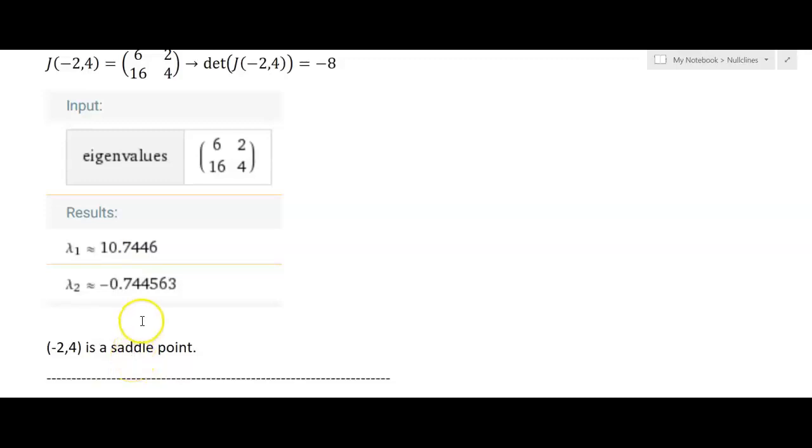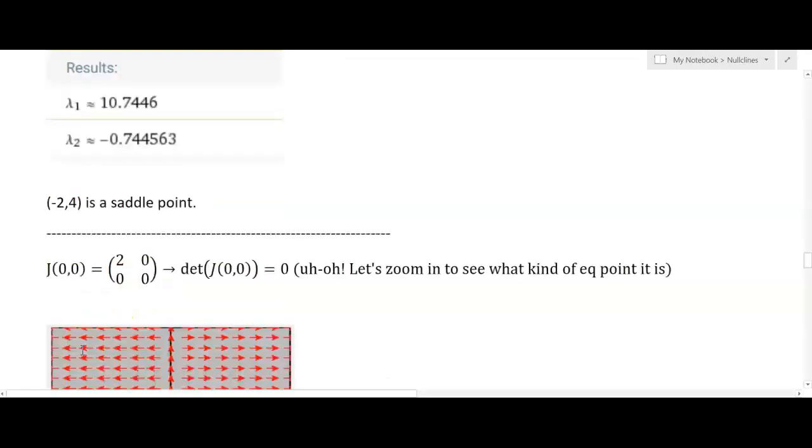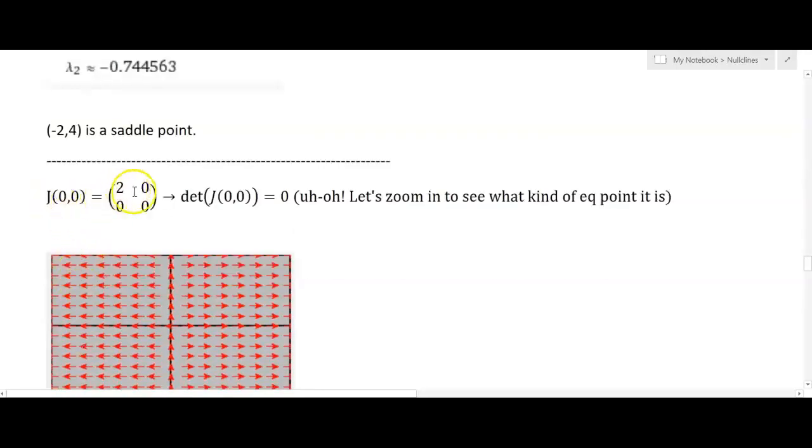So trajectories will never end up at the point (-2, 4) unless they start there. Now (0, 0) gives us this matrix, and the determinant of that is 0, since 2 times 0 minus 0 times 0 is 0, and that's an uh-oh moment.